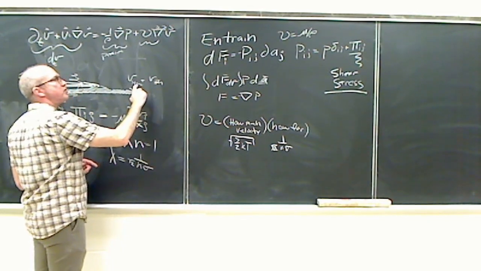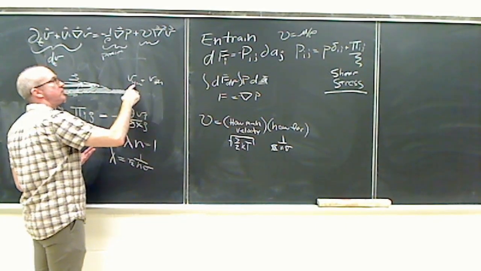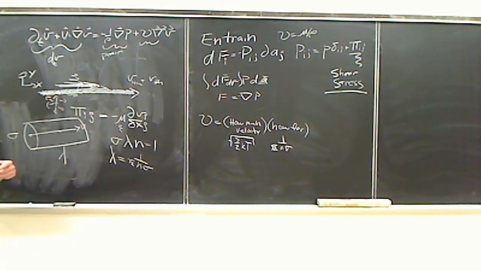The total velocity is the stream velocity plus the thermal velocity. So when the thermal velocity carries it over here, it's going to bring the stream velocity with it. Does that make sense? Think about it as a truck that's carrying some velocity, but the velocity is what's carrying it, so don't think about it too hard. So that's what viscosity is.